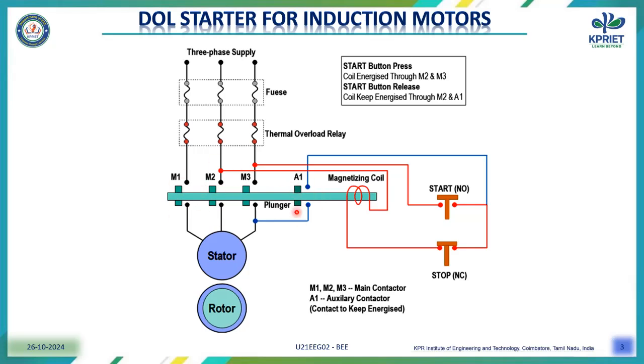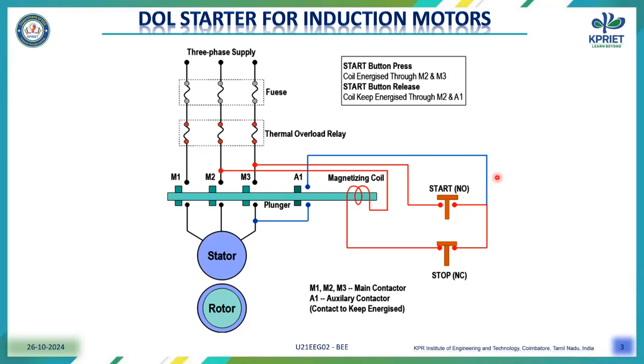A1 represents the auxiliary contact that is used to keep the contact position energized. The magnetizing coil is used to keep the plunger in contact position, and it is connected to the three-phase supply. The start and stop buttons are used to start and stop the motor.